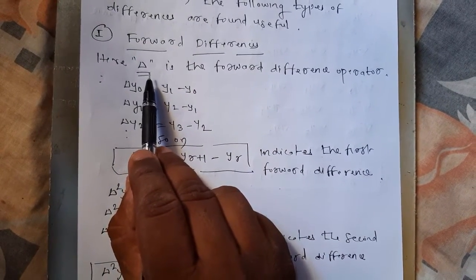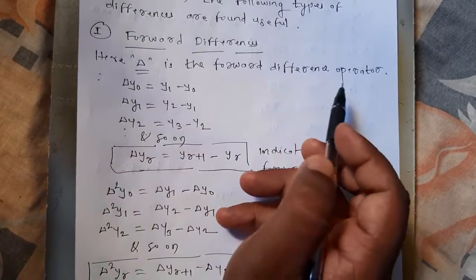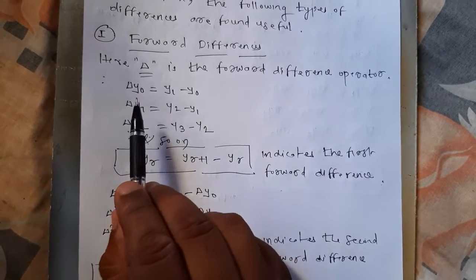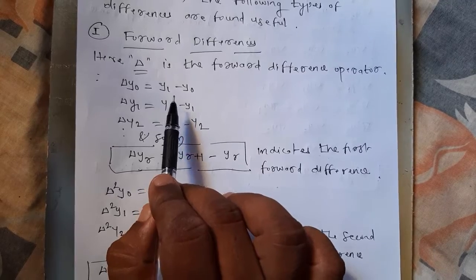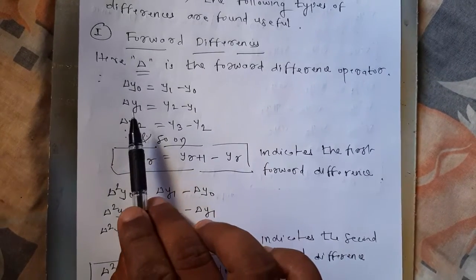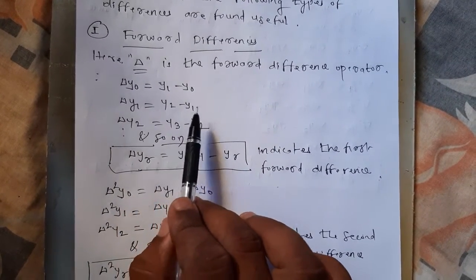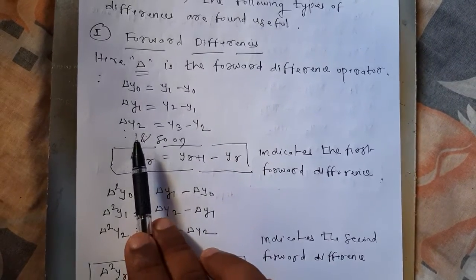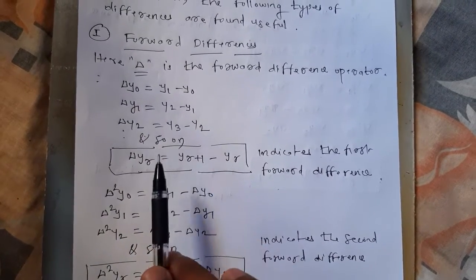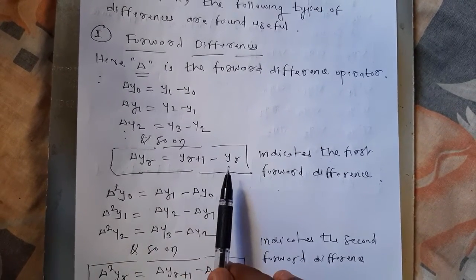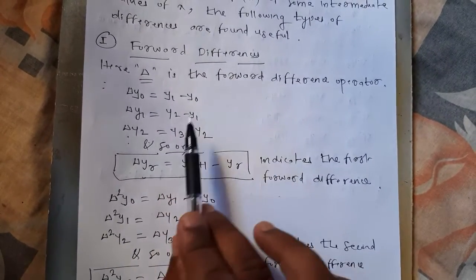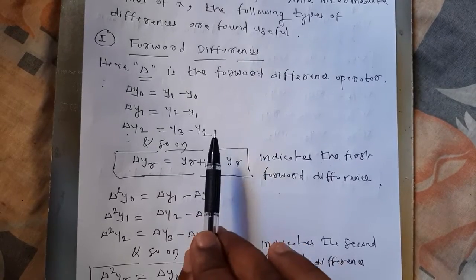This del operator is the forward difference operator. So del of y naught is given by y1 minus y0. Del of y1 is given by y2 minus y1. Del of y2 is given by y3 minus y2 and so on, in general del of yr equal to yr plus 1 minus yr. This indicates the first forward difference.